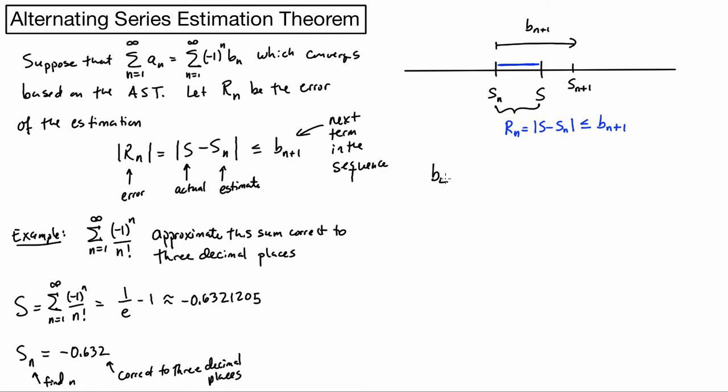If I look at b4, b4 would be 1 over 4 factorial. 1 over 4 factorial is 0.0416 repeating, clearly that's going to affect the 2nd and 3rd decimal places. b5 is 1 over 5 factorial. Still not good enough. b6 is 1 over 6 factorial.